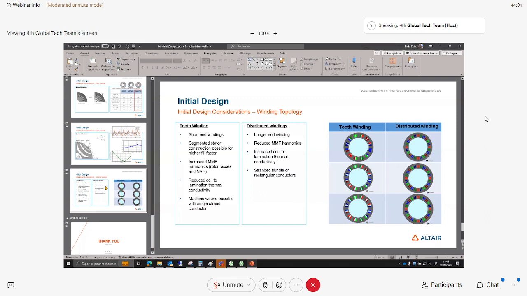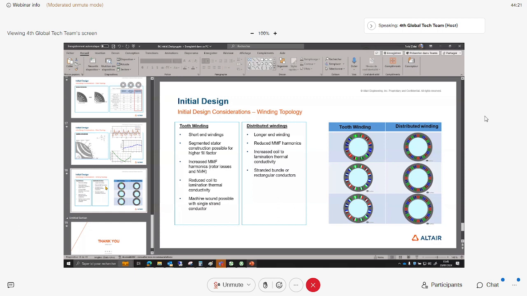But when you have longer end winding, it means that you have distributed winding. The distributed winding can be concentric or lap winding. Distributed winding is better than the tooth winding because it has a good distribution of the MMF and the winding.